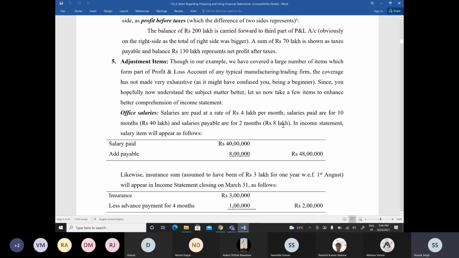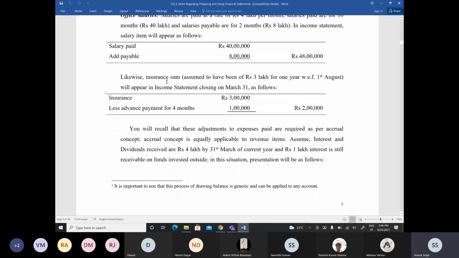So in the income statement, your salary item will be like this. Salary paid 40, add the payable salary. So total bill will be for 48 lakhs only, because your one year's salary is 48 lakhs. But yes, you have only paid cash for 40 lakhs and this 8 lakhs is still unpaid. It's still not paid. So it's a liability for you.